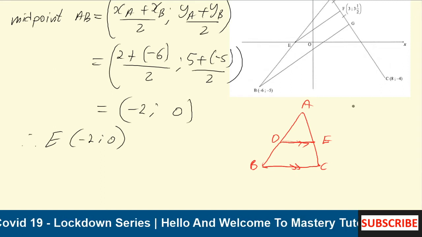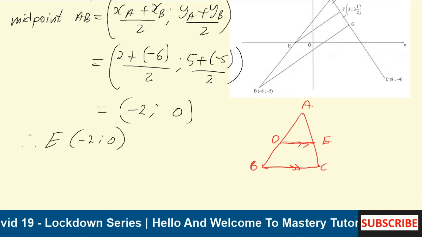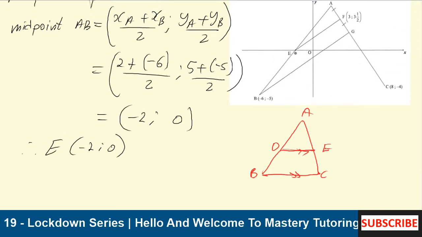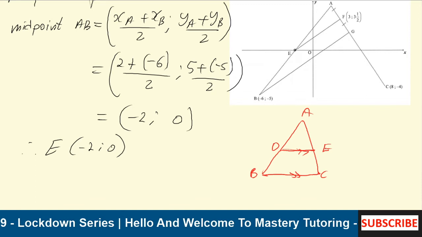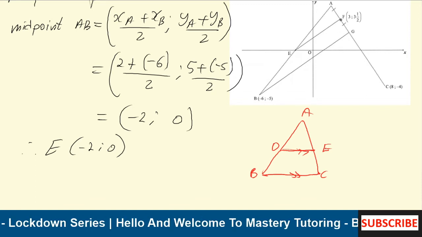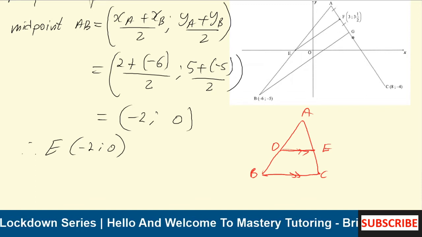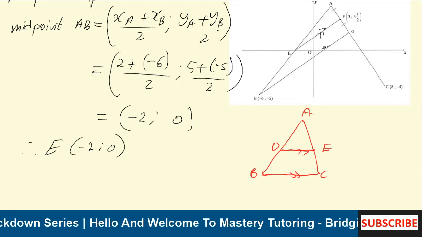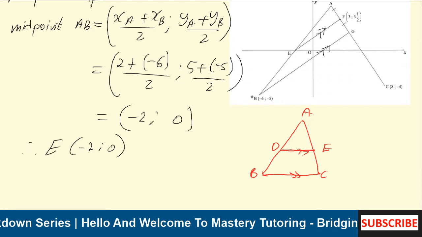So we're going to apply the same thing on this diagram here. Because E is the midpoint of AB, and point F is the midpoint of AG, it means that these two lines are parallel. So we can make that conclusion.